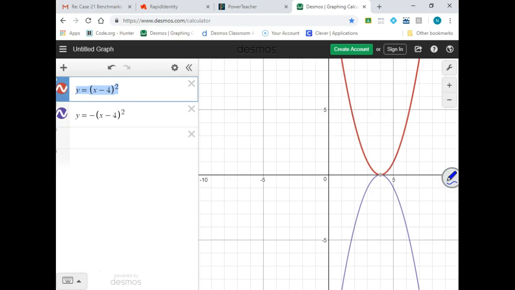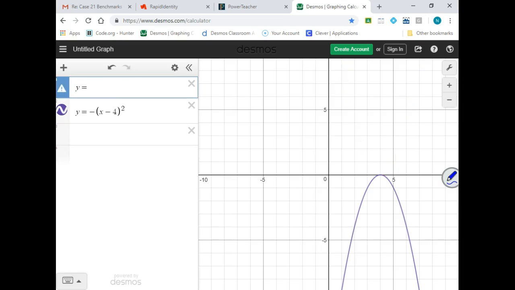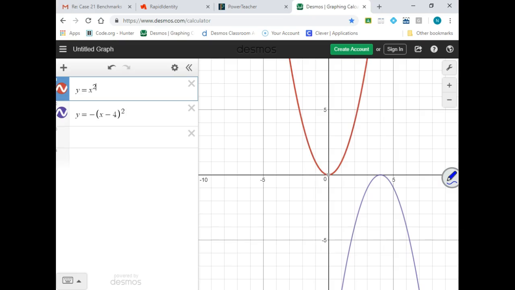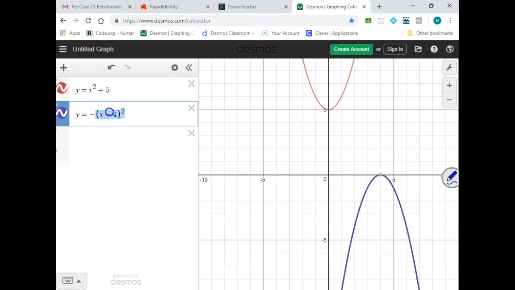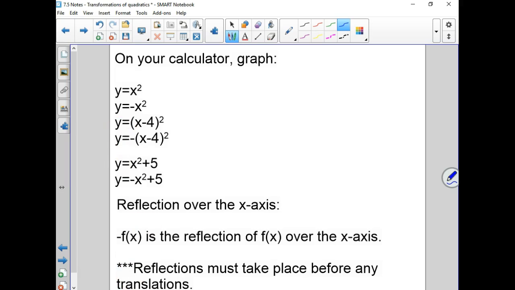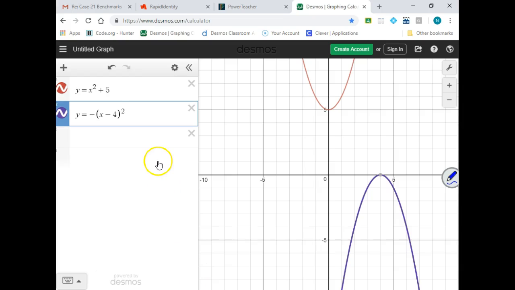Now if I have a graph like this, y equals x squared plus 5, that's our normal quadratic moved up 5. And I also graph, as you see here, negative x squared plus 5.